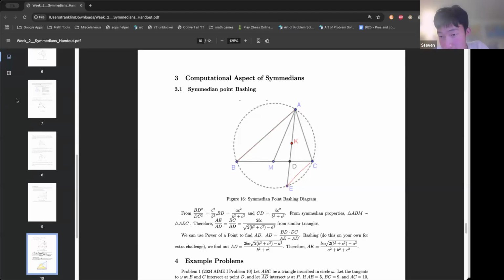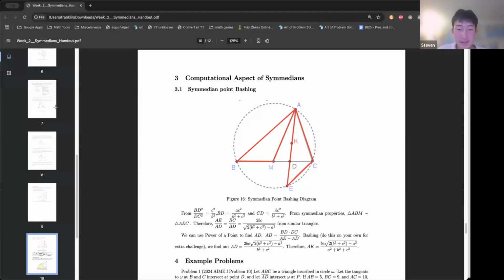Okay, Eden claimed we can use the inscribed angle theorem such that angle ABC equals angle AEC because of the circle. And more importantly, from the symmedian definition, angle BAM equals angle CAE. Now we can use AA, and the two triangles are in fact similar.